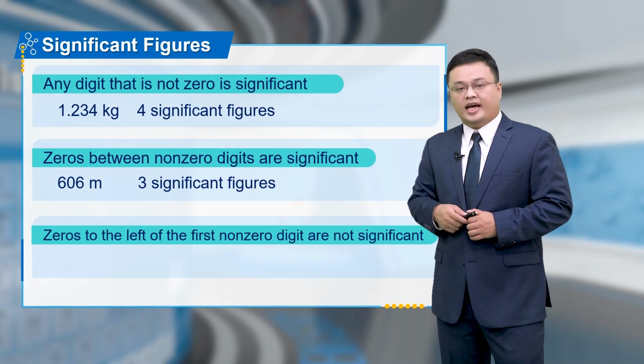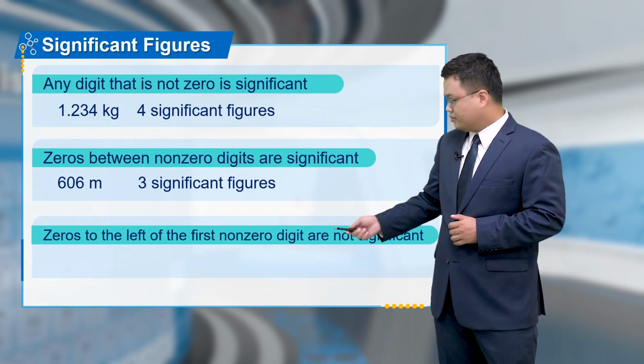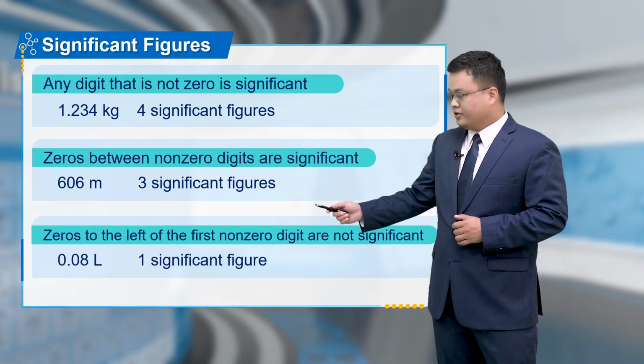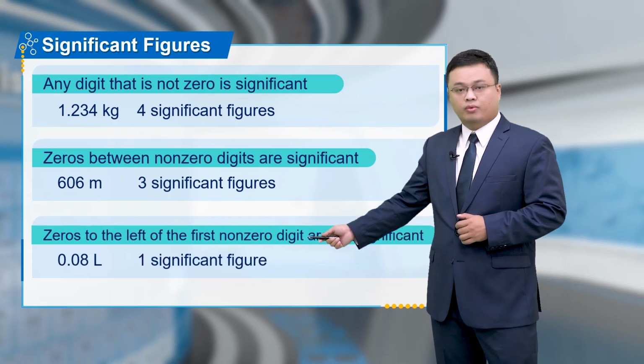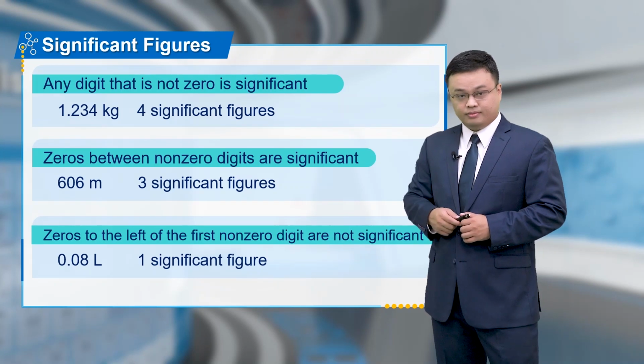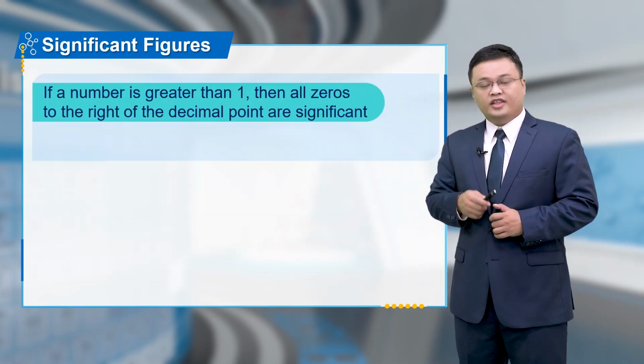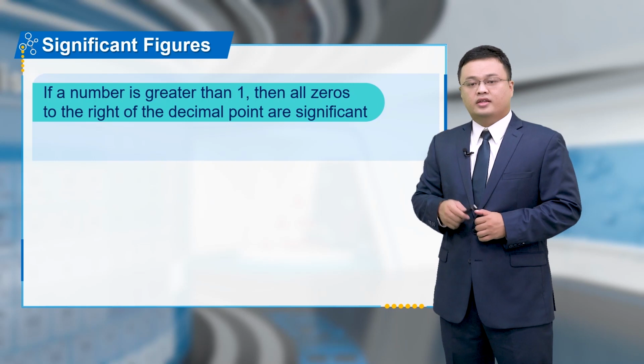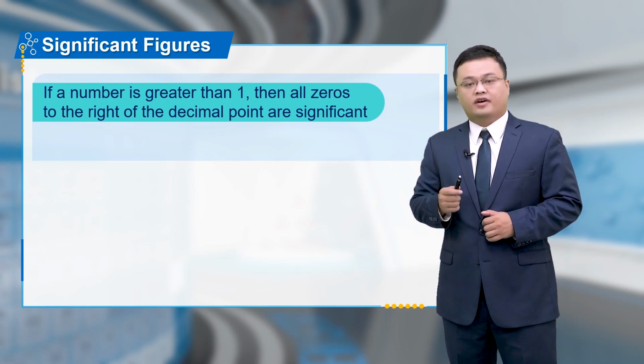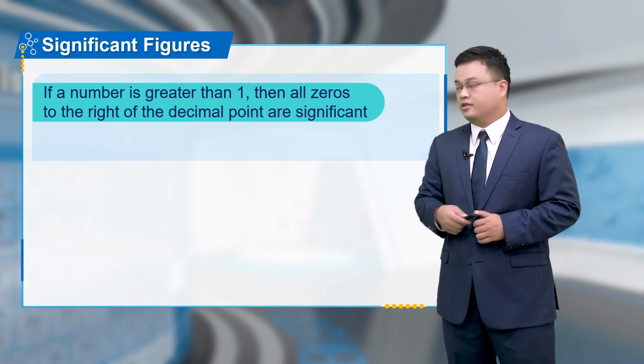Zeros to the left of the first non-zero digit are not significant. Like 0.08 liter, there's only one significant figure. If a number is greater than 1, then all zeros to the right of the decimal point are significant.